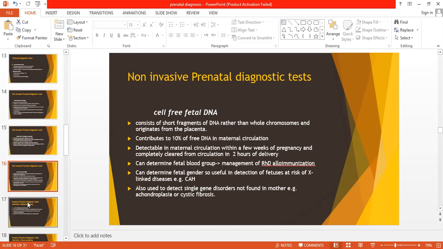So if you come to find a fetal cell in maternal circulation, there is a possibility that this cell is not from the index pregnancy and it is from the previous pregnancies.